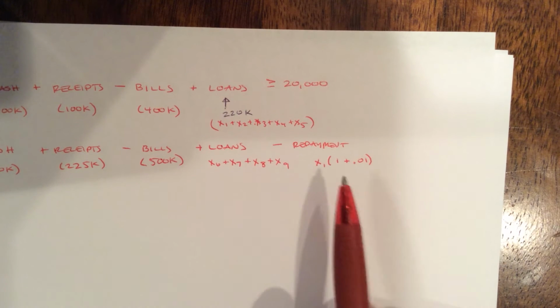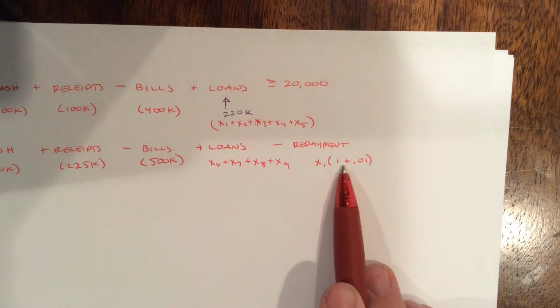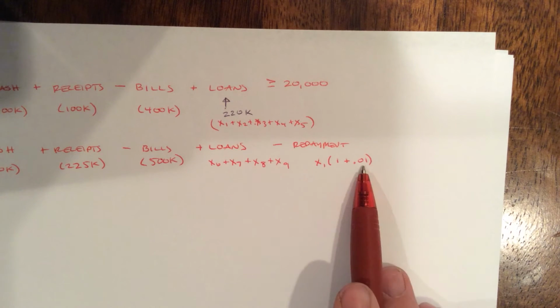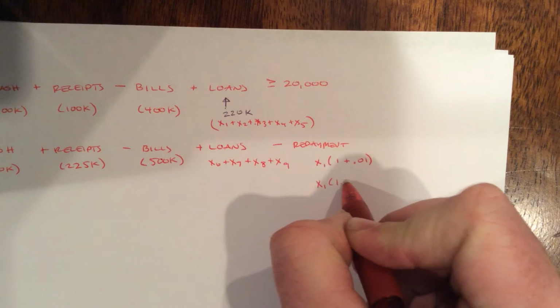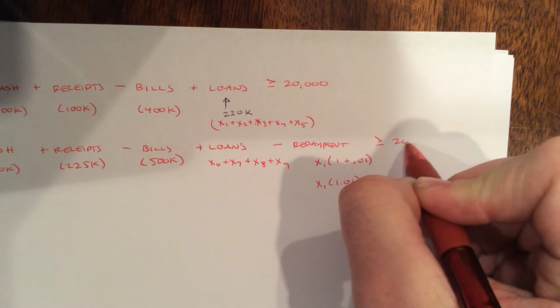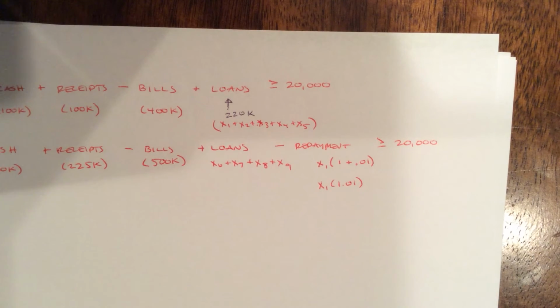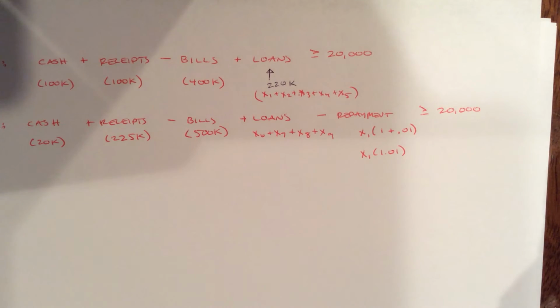Okay, because that's our interest rate, we have to repay the original amount, which is X1, plus the interest accrued on that. So this is going to be X1 times 1.01. And this has to be greater than or equal to 20,000. Okay, so there we have our second constraint.